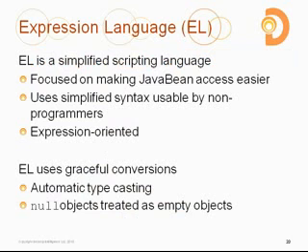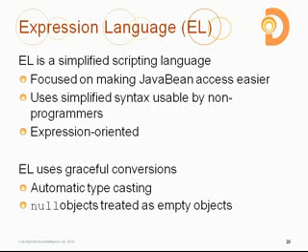Expression-oriented means that every time I refer to the expression language or use the expression language, I need to use it to access a property for printing its value out, or I need to access an expression to perform a Boolean test. From a web development perspective, the expression language provides what we normally refer to as a graceful conversion.